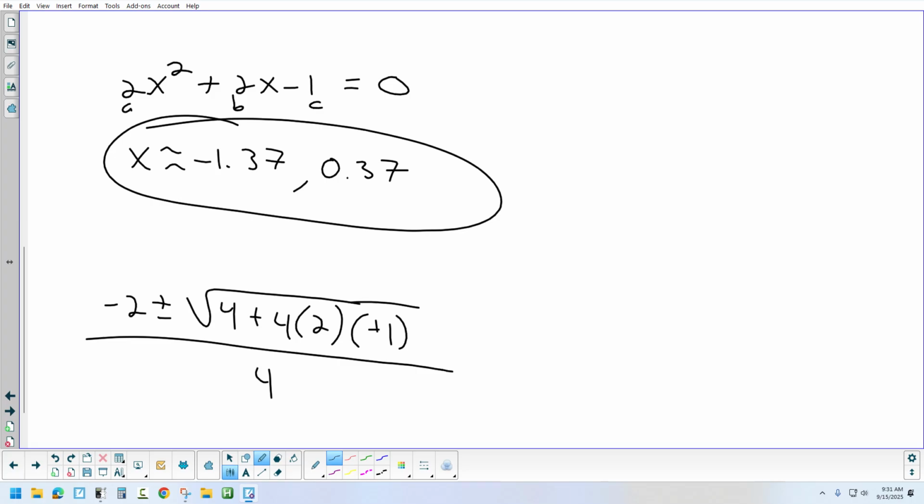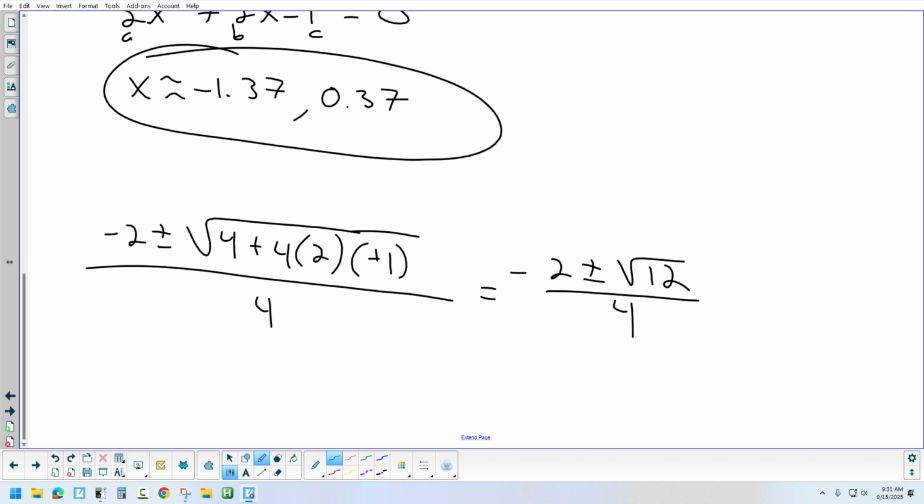Minus a minus becomes a plus. So that's negative 2 plus or minus. That's going to be 4 times 2 is 8. 8 plus 4 is 12.